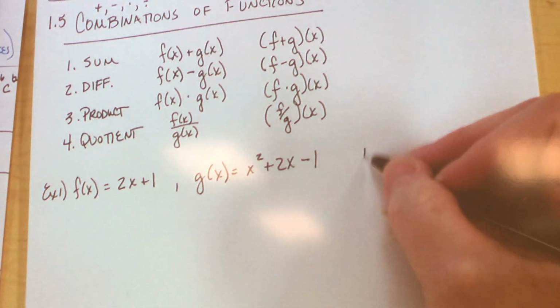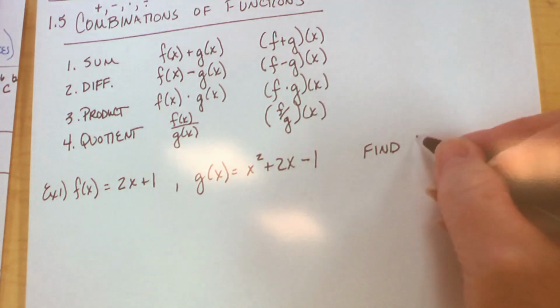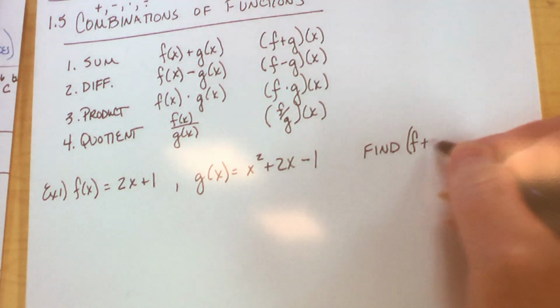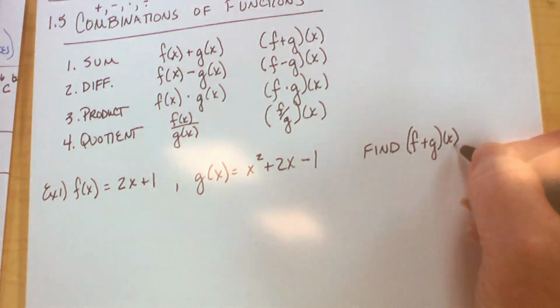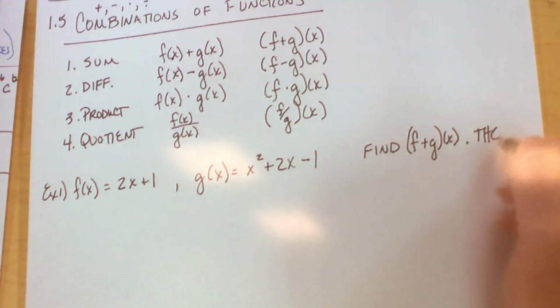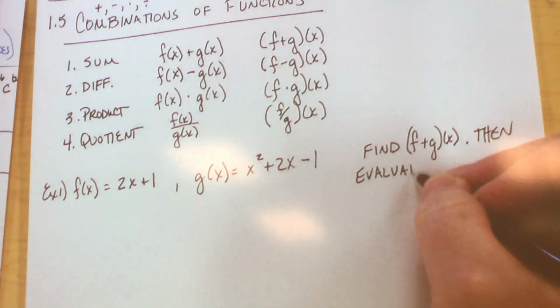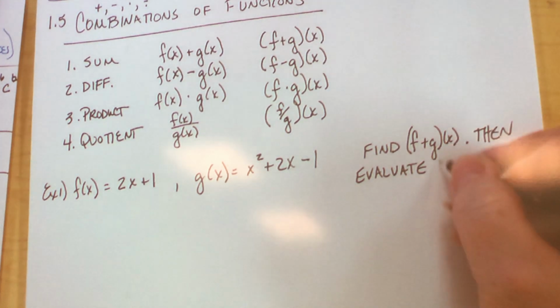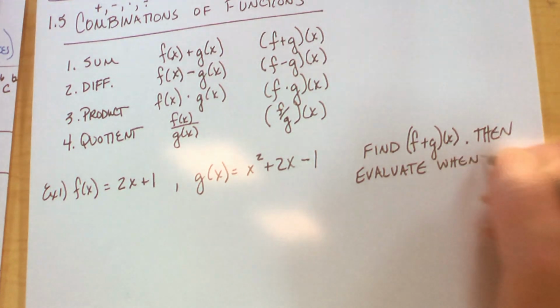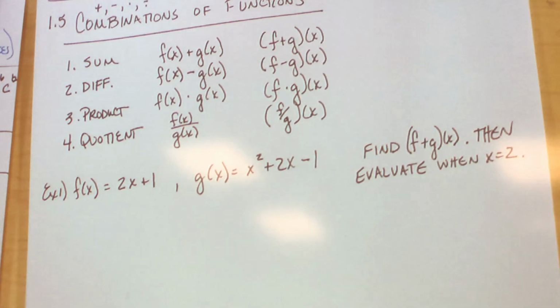Okay, so here's what we're gonna do. We are going to find f plus g of x, then evaluate when x is 2. So how many answers? 2. 2 answers, guys, okay? Know what they're asking for, 2 answers.